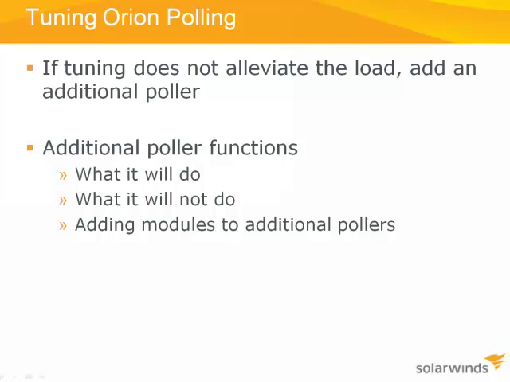This is something that we get a fair amount of questions on because we've changed that with the new releases of the modules. So if you need to install, for instance, an APM additional polar, or an IPSLA additional polar, you actually just run the IPSLA or APM installer on the Orion additional polar, and it automatically installs the appropriate bits.